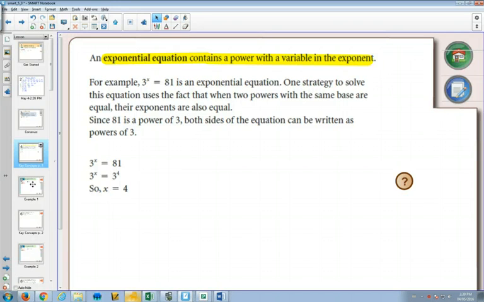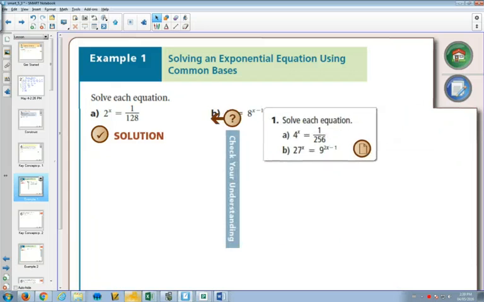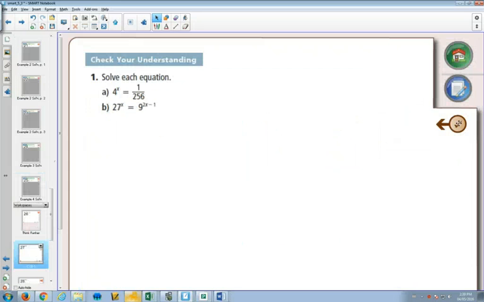So when we get to our first example here, the strategy that we're going to use is to try to write both sides with the same base. So here's our strategy.